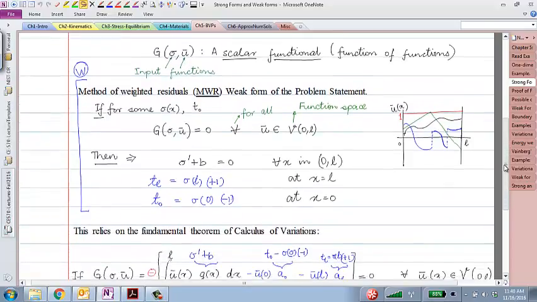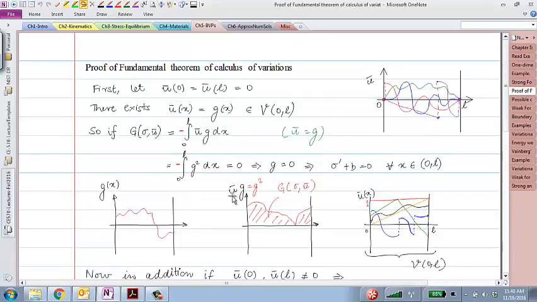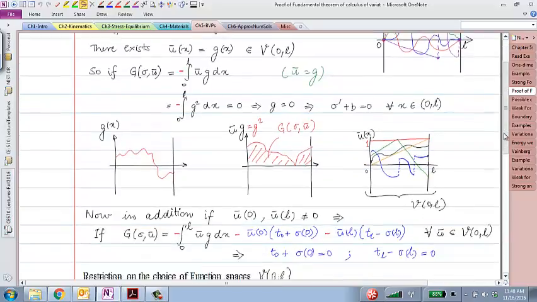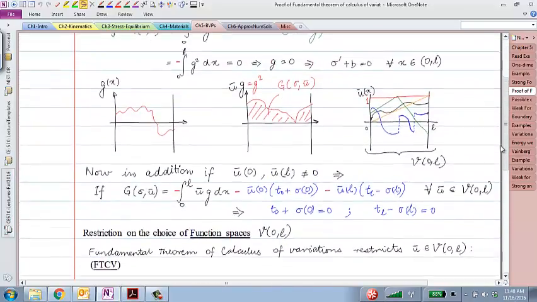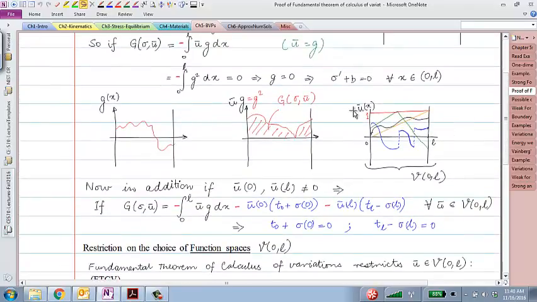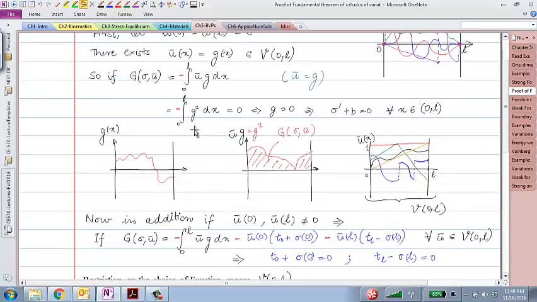But we'll do that, and as I pointed out last time, this relies on the fundamental theorem of calculus of variations, and we looked at why this works. Finally, we found that a particular restriction on the space of functions that u bar can be picked from is the space of square integrable functions.